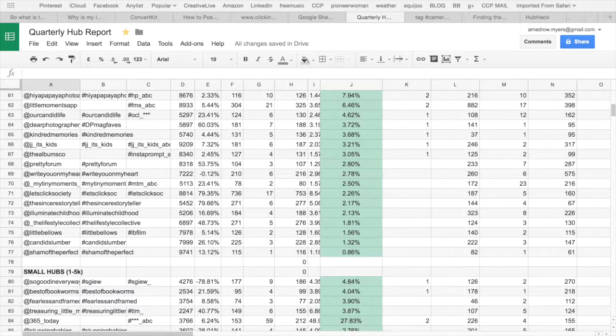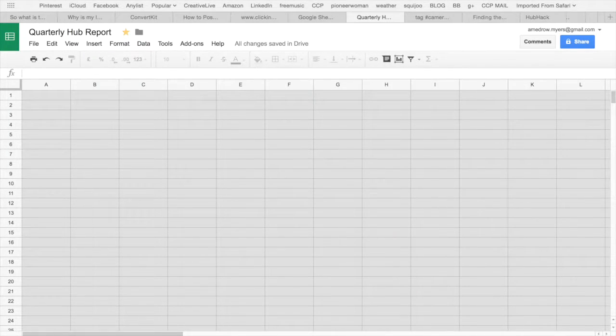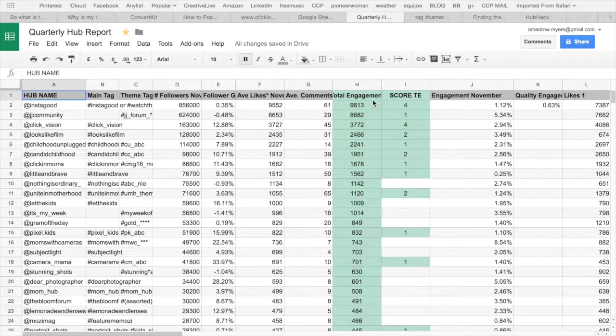Total engagement, again, I thought it was statistically relevant to make sure that we showed you these numbers. Okay, so here's our total engagement score. And the bonus points, you can see here, Instagood got bonus points because total engagement on any given picture, they're going to have a total engagement average of close to 10,000.